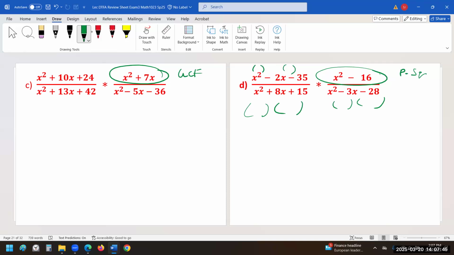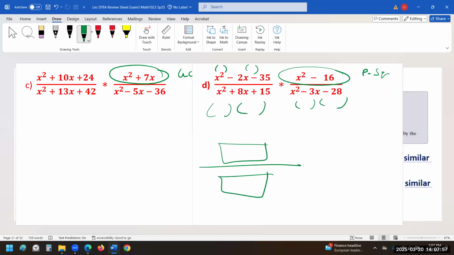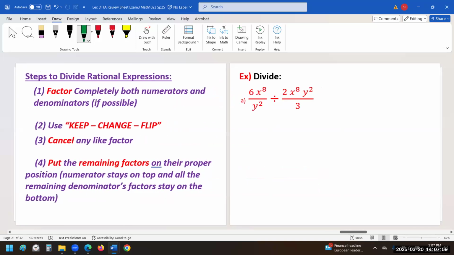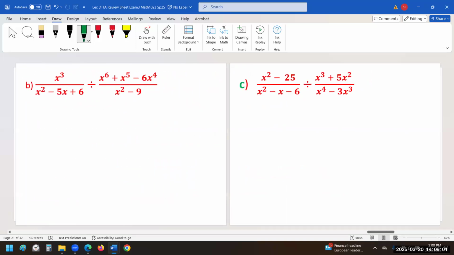Once you factor, you see anything from the numerator and anything from the denominator, can you cancel them? If you can, just get rid of them. And then lastly, whatever remains at the top divided by whatever remains at the bottom, you rewrite. Division is the exact same thing. The only difference is you do one more step.